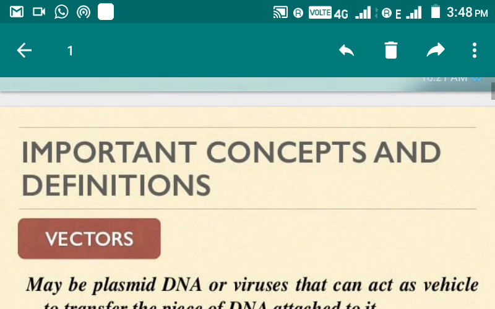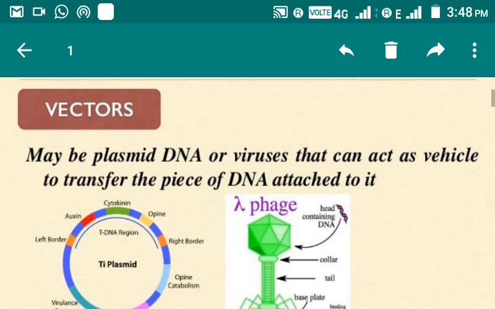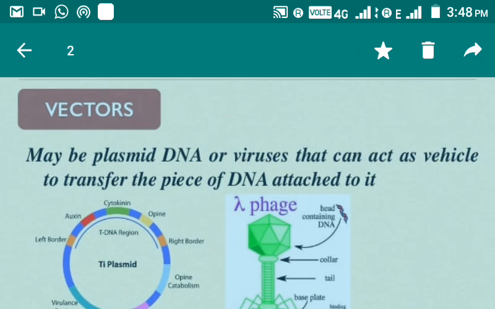Okay, next one is vector. A vector may be plasmid DNA or viruses that can act as a vehicle to transfer a piece of DNA attached to it.